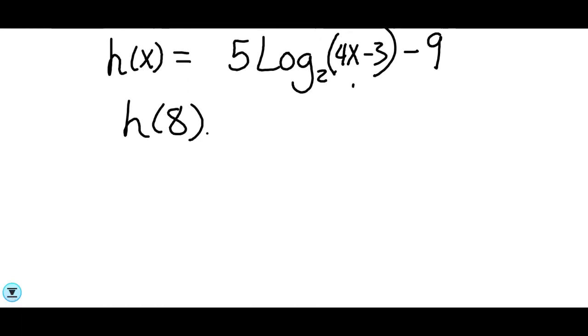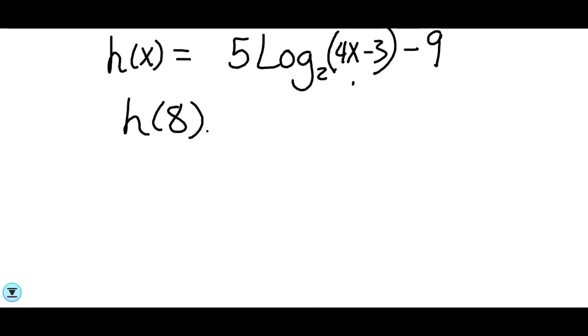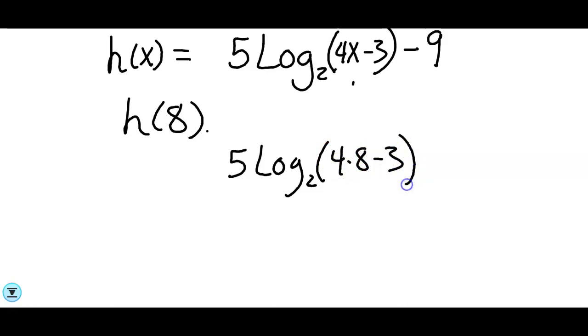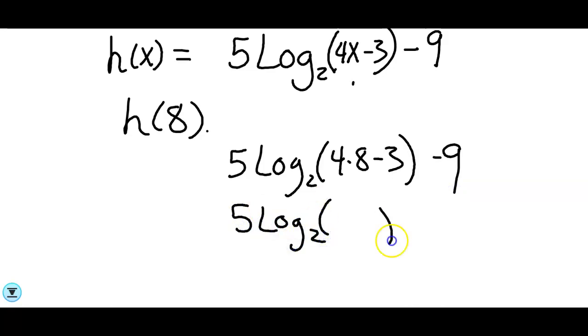We seem to be doing pretty good out there with this one. I'll walk you through it just in case, but pretty much every paper I came by had it. So we had 5 log base 2 of 4 times 8 minus 3. 4 times 8 is 32. Take away 3 would be 29.